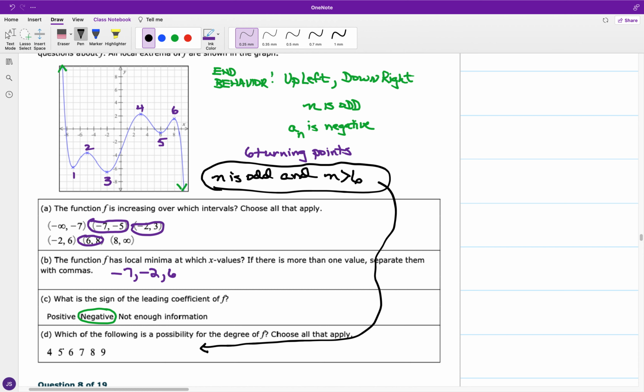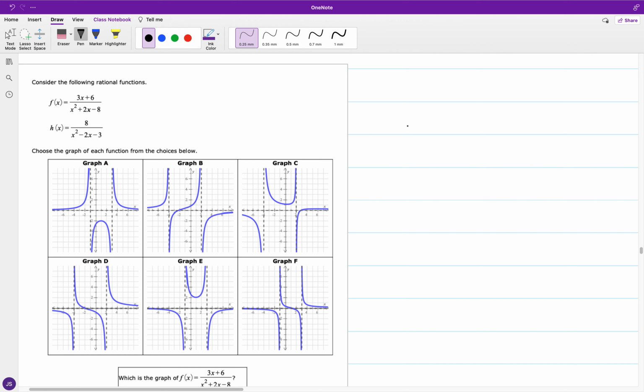All right, now in looking at the multi-part portions here, we have the two rational functions, f of x and h of x. If we're trying to identify what refers to f of x as well as what refers to h of x, first of all we have f of x.